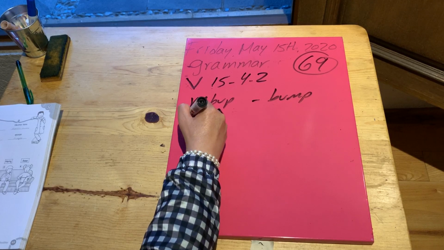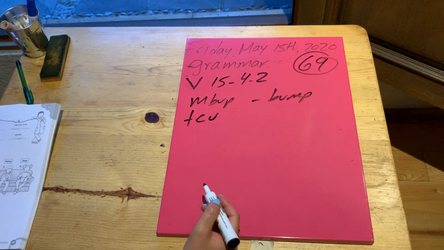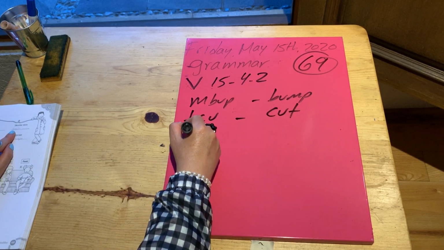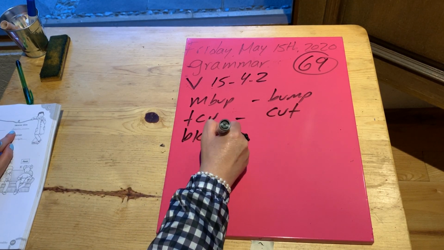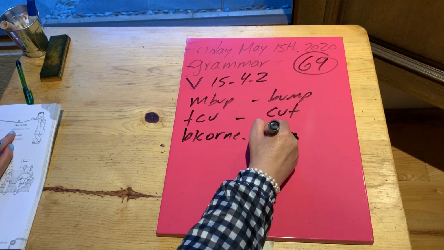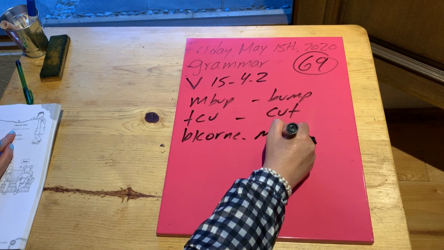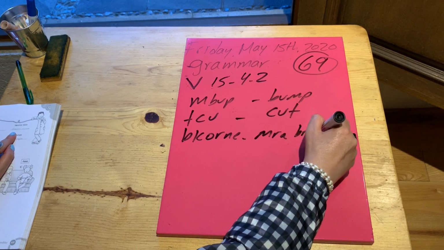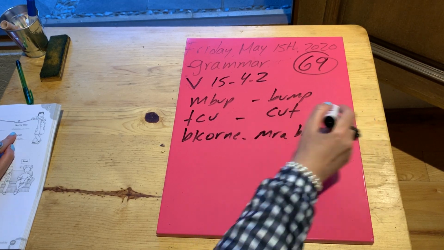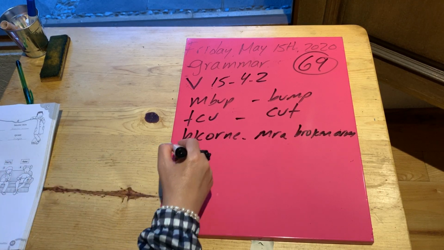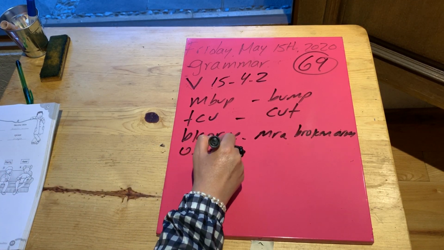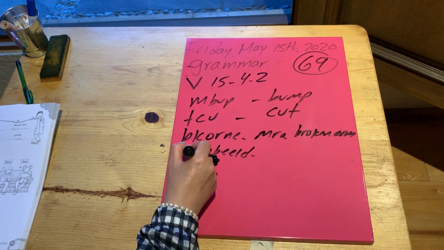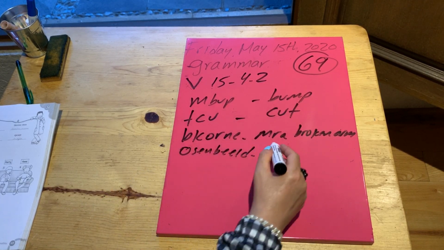Okay, then you have TCU. This is cut. Then you have this one, BKORNE MRA. This is broken arm. Then you have next one. Okay. This one is nosebleed.